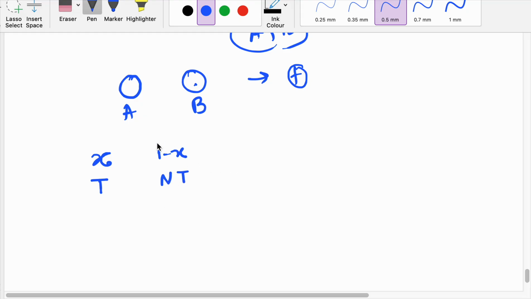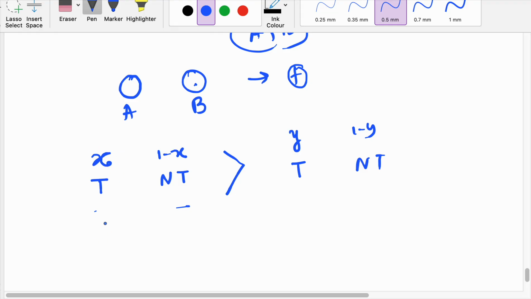There may be some situation in my life where, with some probability, non-teaching happens, and if I still like this event, with y probability I am teaching and with 1 minus y probability I am not teaching. So now there are two different kinds of situation. Here, with x probability I am teaching and with 1 minus x probability I am not, say in one day, in some fraction of time.